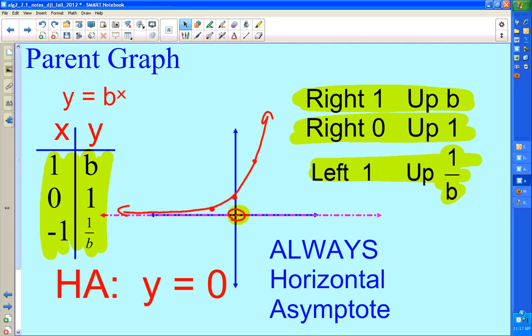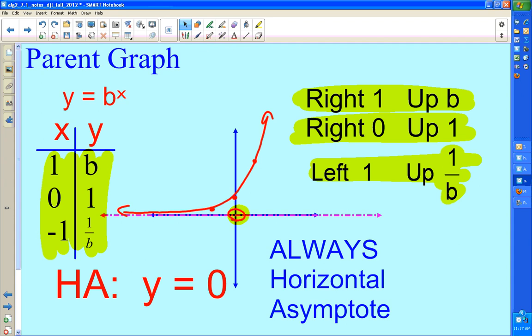The critical movements again: right 1 up b, right 0 up 1, left 1 up 1 over b. This is the one you want to memorize. And this doesn't matter whether b is greater than 1 or between 0 and 1. If it's greater than 1, this is your graph. It's a takeoff.